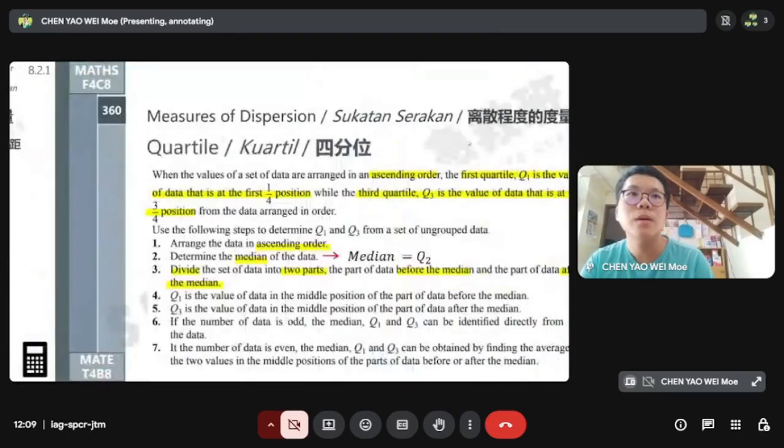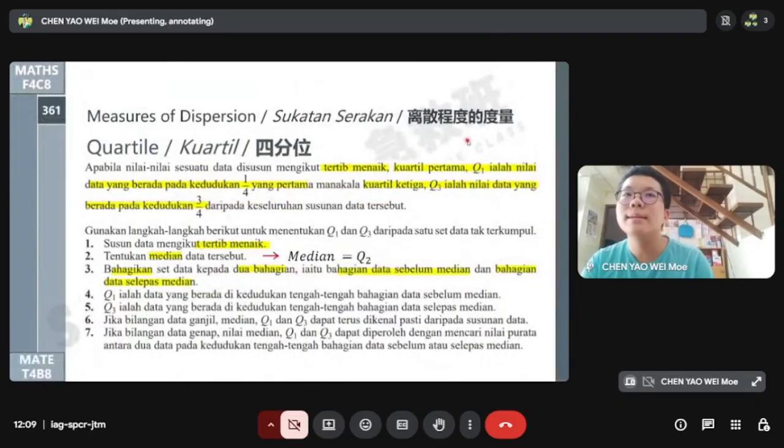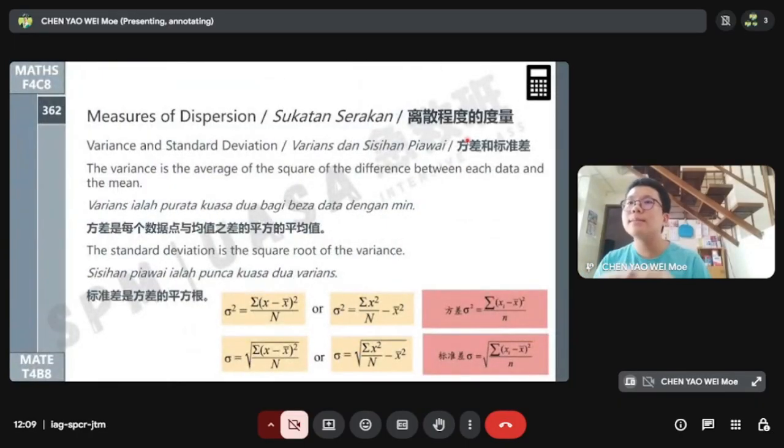Next, we go for variance and standard deviation. Variance is the average of the square of the difference between each data and the mean. First thing, to calculate variance, we need to have the mean. Mean is the average number of the data.